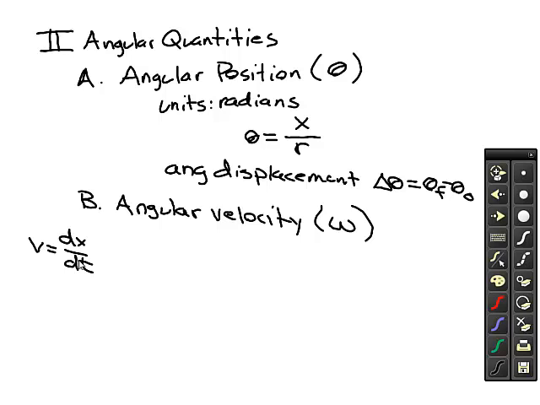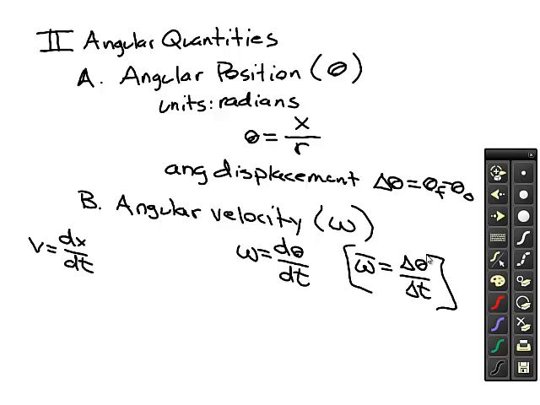So you might guess that rotational or angular velocity is going to be d theta dt: how fast your angular position is changing. Back in the day, we also said that average velocity is delta x over delta t. So if you want, you could also say average angular velocity is delta theta over delta t. But the official definition is the calculus one.